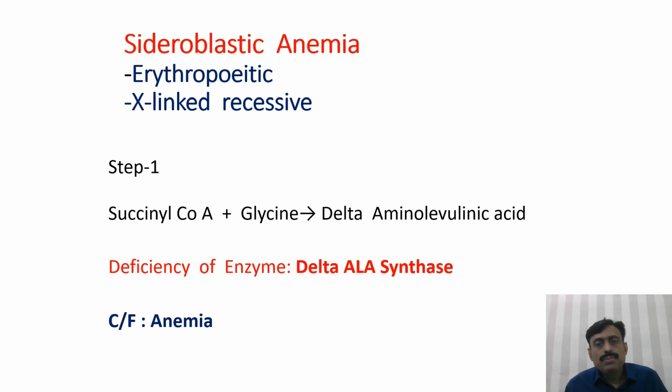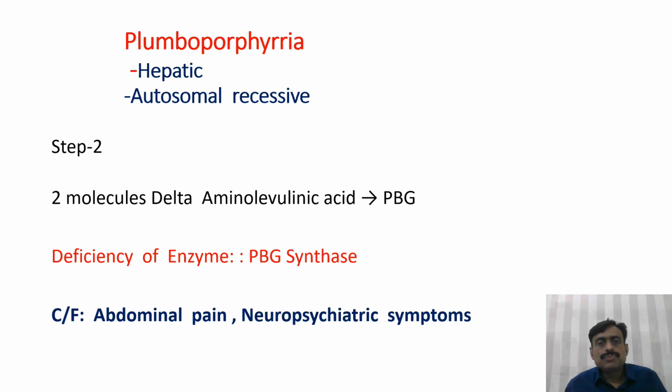When this enzyme is deficient, it leads to a very important disease called sideroblastic anemia. This anemia is erythropoietic type, an X-linked recessive porphyria, and the clinical feature is anemia.